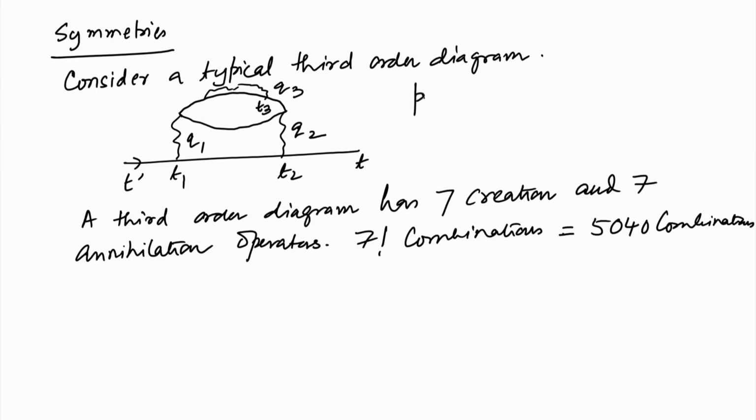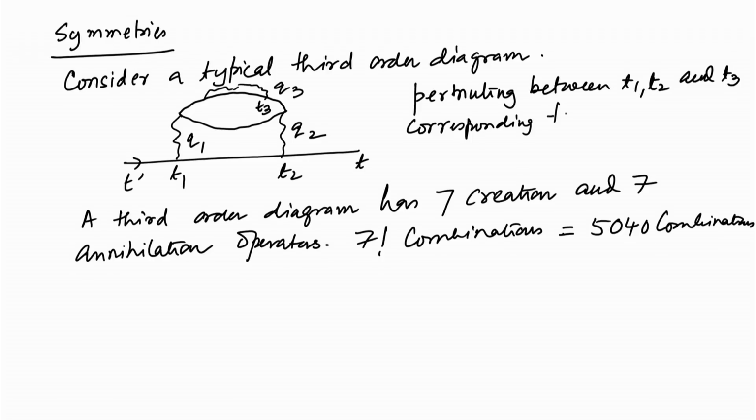Permuting between T1, T2 and T3 corresponds to 3 factorial diagrams. Which means that corresponding to those 3 factorial, which is equal to 6 diagrams, you have to compute only 1, and similar such symmetries can be understood or deciphered.